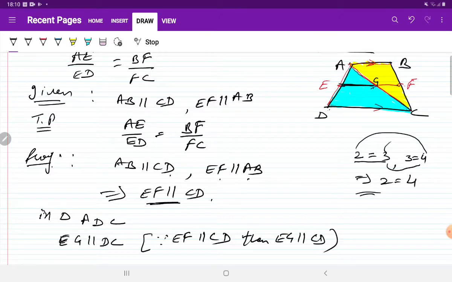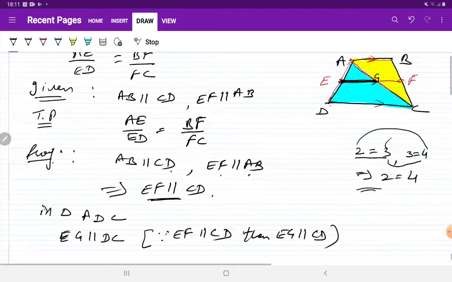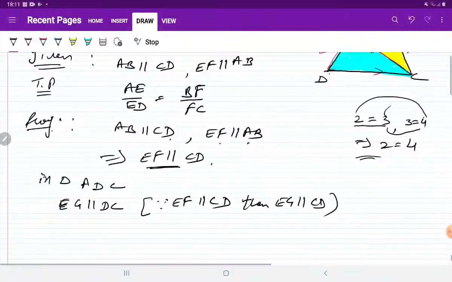So which theorem are we going to use here? Just read the statement. If a line is parallel to one side of a triangle and intersects the other two sides at two distinct points, that is E and G, then it divides the other two sides in the same ratio. Which theorem is it? It is the BPT theorem.